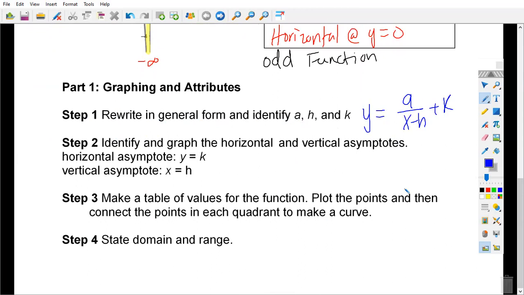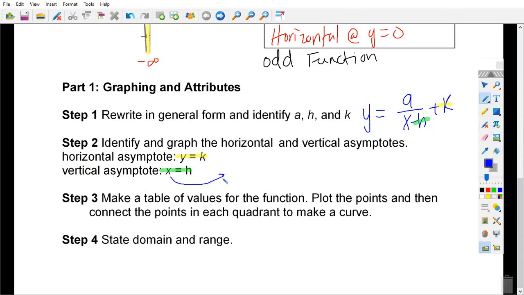Next, you're going to identify and graph your horizontal and vertical asymptotes. Remember that your horizontal asymptote is Y equals K. So whatever K is, that's what your horizontal asymptote is. Your vertical asymptote is going to be X equals H. So whatever H is, that is what your vertical asymptote is.